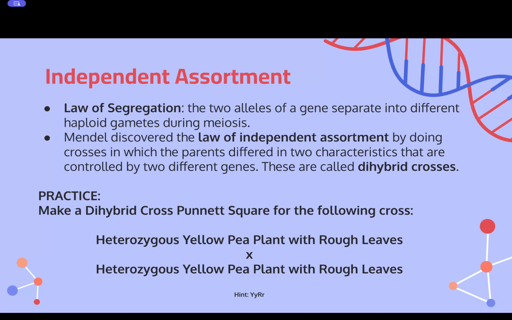Mendel discovered the law of independent assortment, which basically means that the parents that differed in two characteristics are controlled by two different genes.